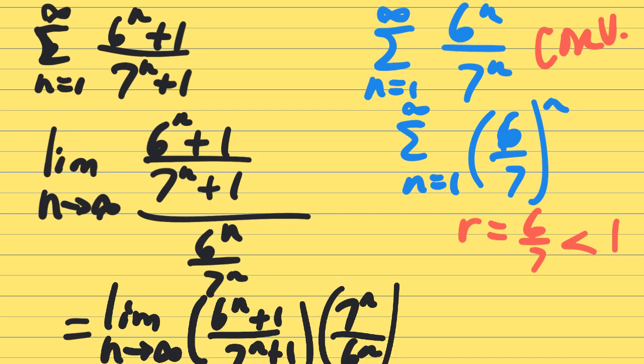As n gets really large, these plus ones won't count that much as far as the value. They kind of become insignificant.